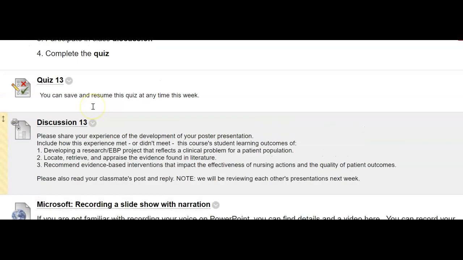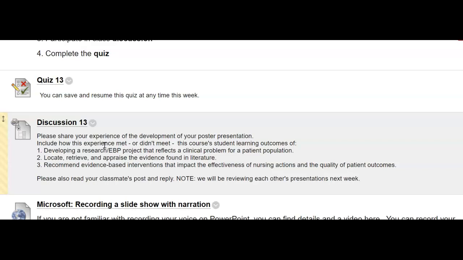You're going to be doing a discussion board post, and in this one, you're going to be sharing your experience of developing your poster presentation. But I do want you to include 3 things. There's 3 student learning outcomes for this course that this is the best time to ask you to reflect on.